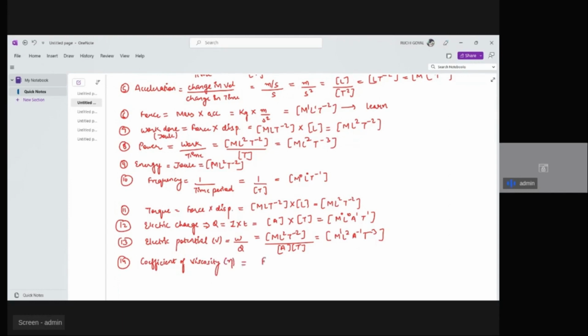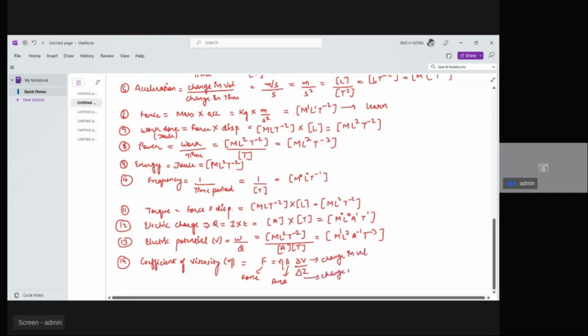We know the formula F is equal to eta into A del V by del Z. So F is the force here, eta is the coefficient of viscosity, A is the area, delta V is the change in velocity, and delta Z is the change in distance, right?